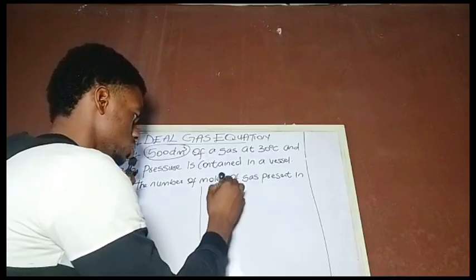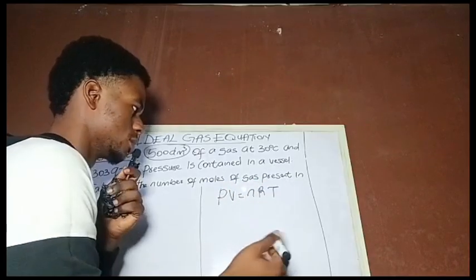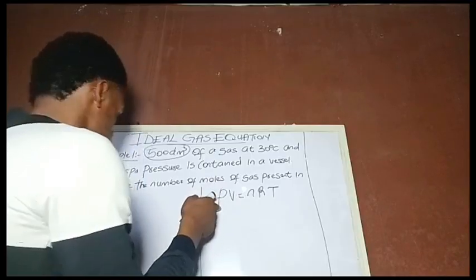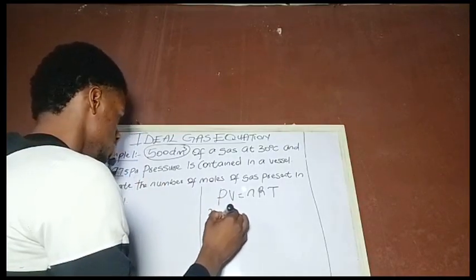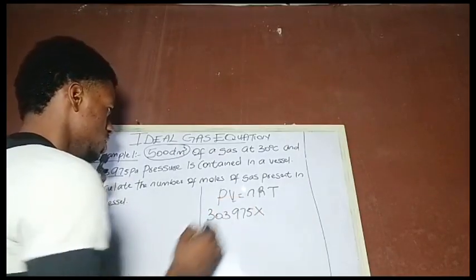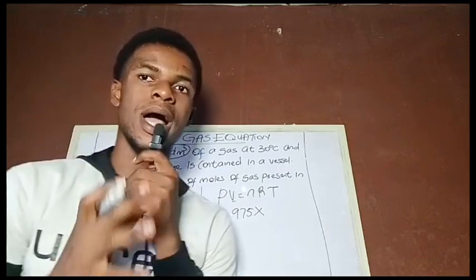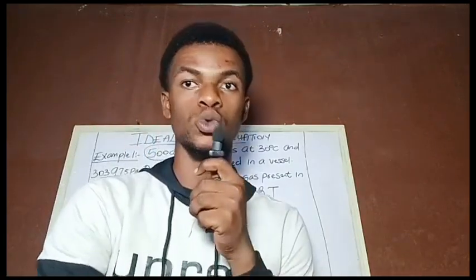The formula we use is PV equals nRT. My P is the pressure, 303,975, times V, the volume.